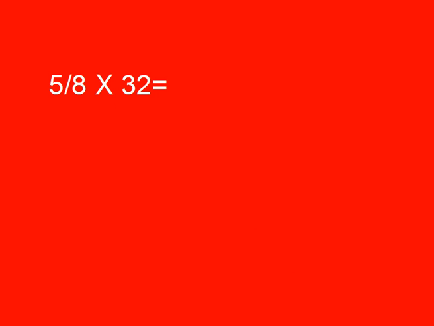So let's look at this one. Now we're back to the other way, and I'm just going to quickly draw a rectangle. I put 32 up here, and I say to myself, ooh, 5/8. So I'm going to break this into 8 equal parts.